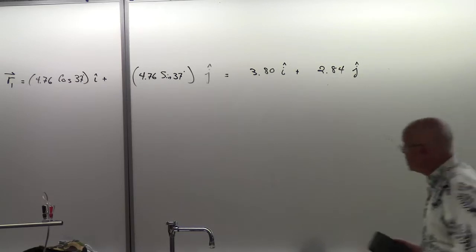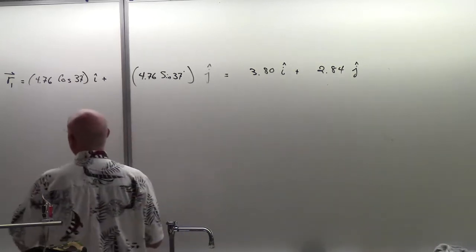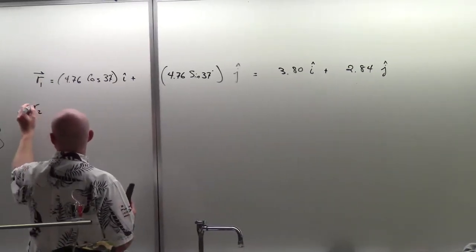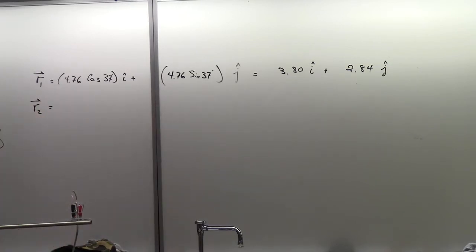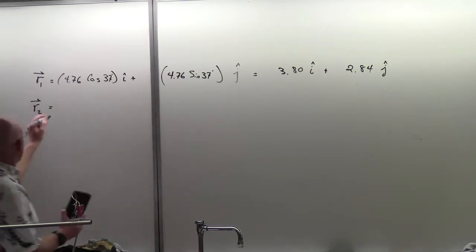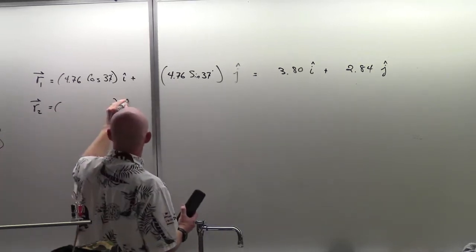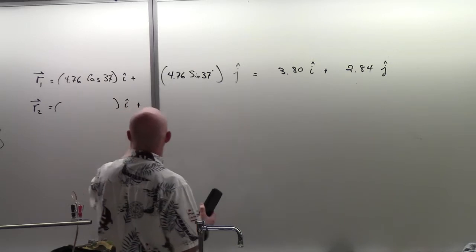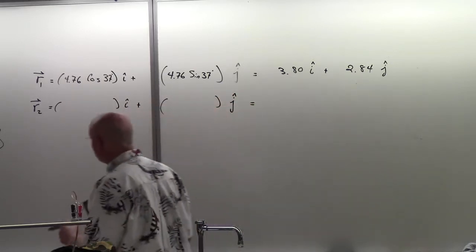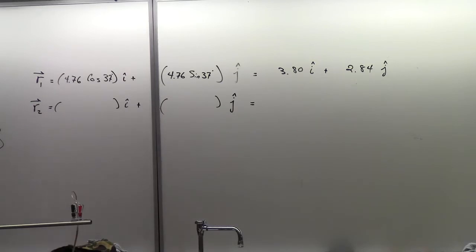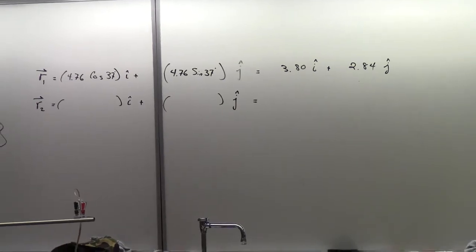And that's probably the easiest one to work with, because then I would say, what about motion number 2, going from the second to the third island? Now again, I would have an I component and a J component. How much does this represent in terms of the horizontal and vertical axis?